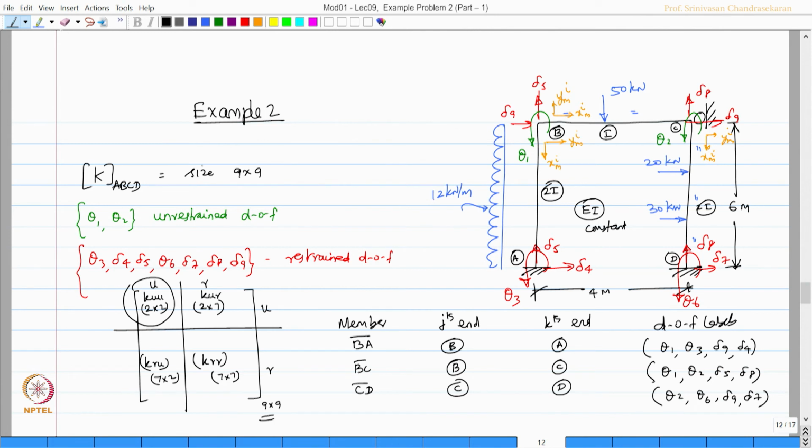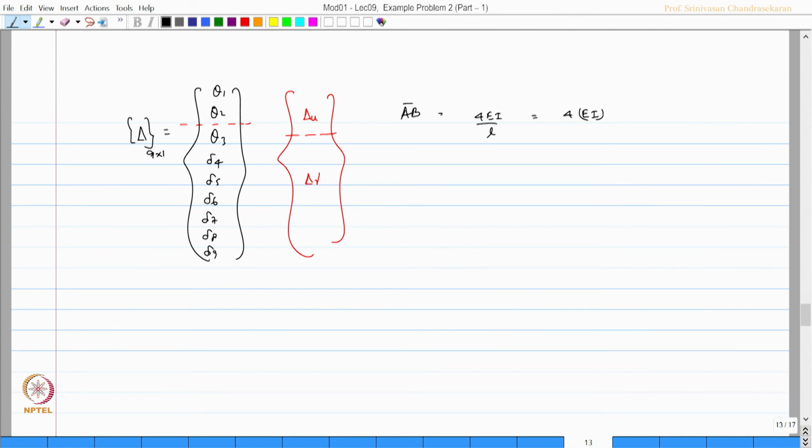Let us not take EI as constant, let us vary the EI. Okay. So, in that case twice by L is 4 meters, which will give me 1.333 EI. Similarly, 2 EI by L for the same beam will be 2 EI into 2 by 6, which is 0.667 EI.